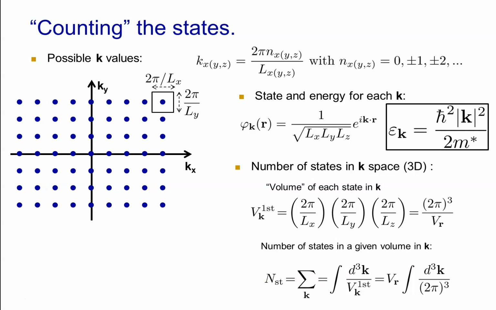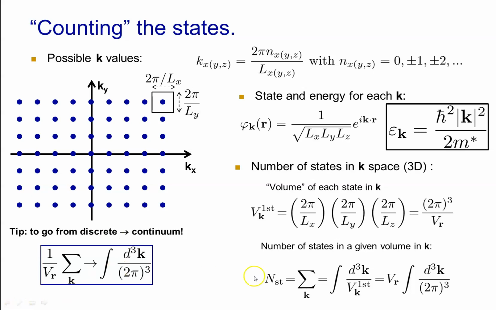And then there is this trick that we're going to use quite often throughout the course, which is how to go from the discrete form to the continuum and back. Notice that the sum over k equals the volume times the integral of d3k over (2 pi) cubed. So we can relate 1 over the volume times the sum to the integral in d3k divided by this (2 pi) cubed.